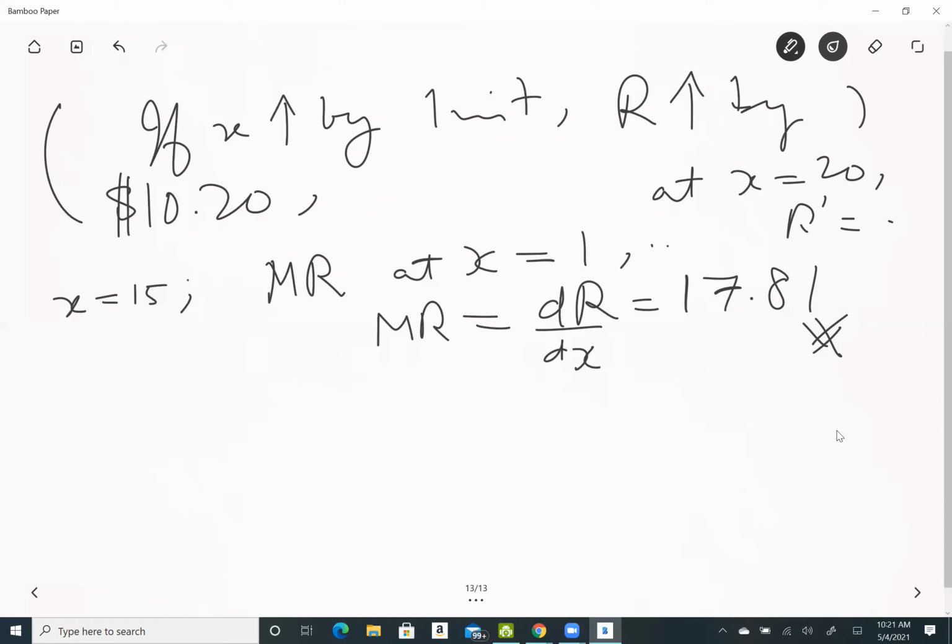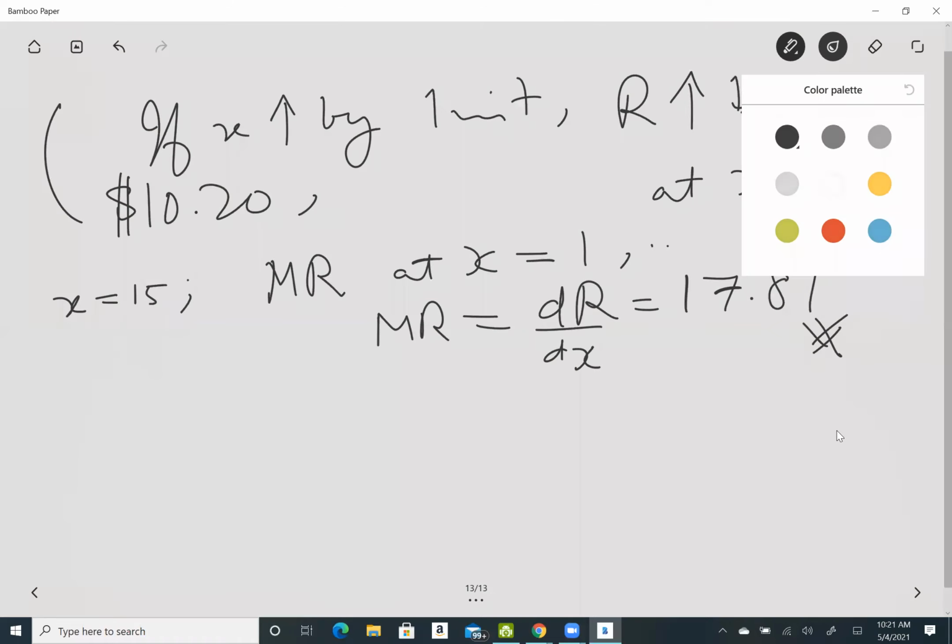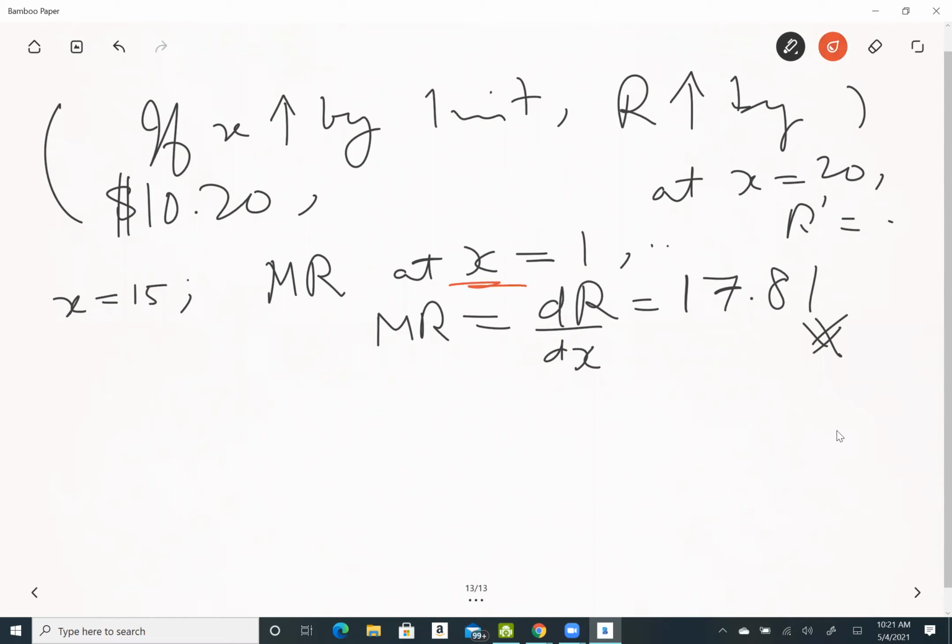What is the factor you need to consider when you describe the derivative as the slope? What is it that gives you a different value? X. Okay, the one that gives you a different value is the x.